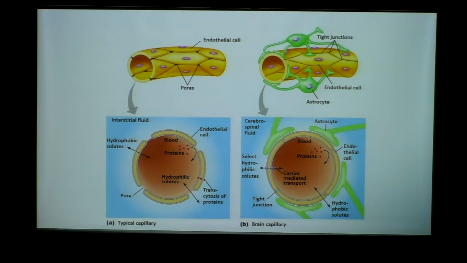So the blood-brain barrier is formed by these two structures, the tight junctions that are naturally formed between endothelial cells. We spoke about tight junctions at the beginning of the semester. They're at the lateral domain of two cells, and they prevent leakage or diffusion of materials. So the tight junctions, along with the foot processes of the astrocytes, together form that very selective barrier.